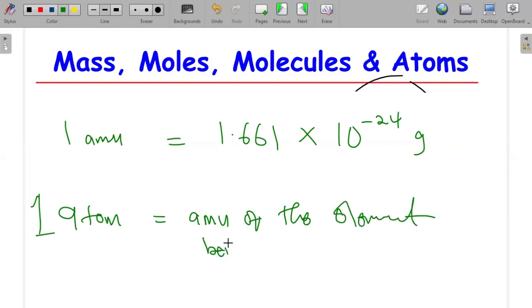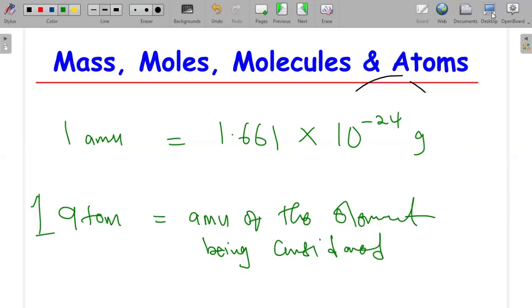This atomic mass here is just the same as the molar mass, guys. Don't get confused. What I'm saying here is that 1 atom has the molar mass equivalent to the molar mass of that same atom.